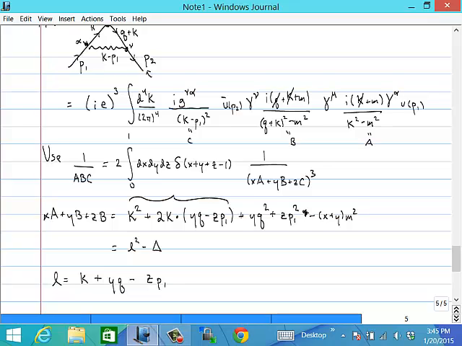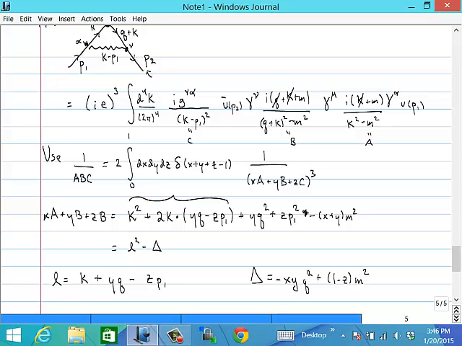And then you can use that L to go ahead and solve for delta. Well, it's straightforward enough to work out. I'll just tell you what the answer is. It's minus xy times q squared plus (1 minus z) squared times m squared.